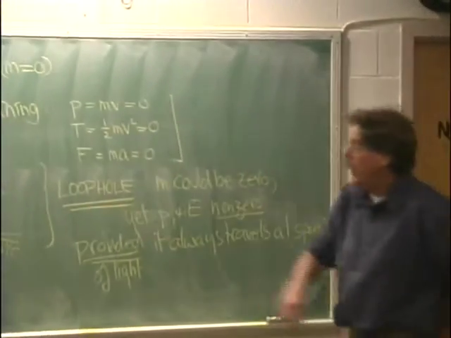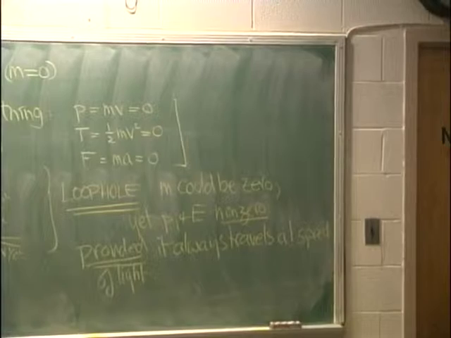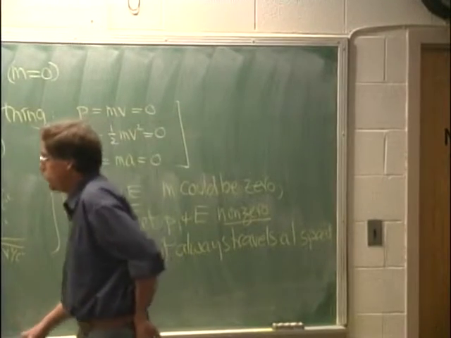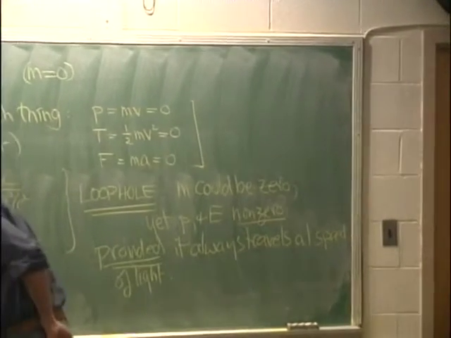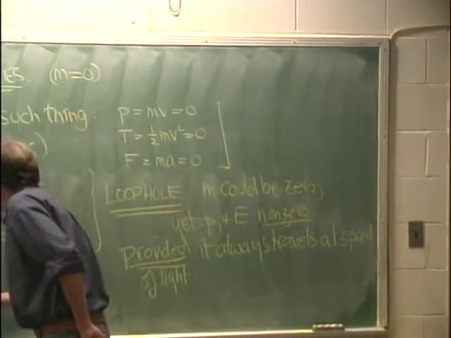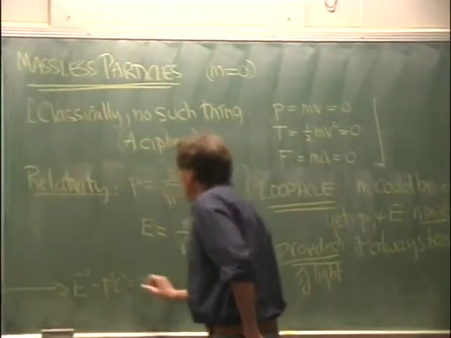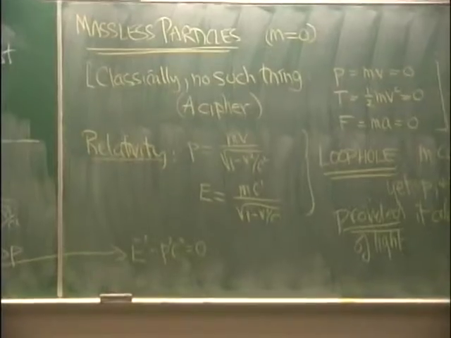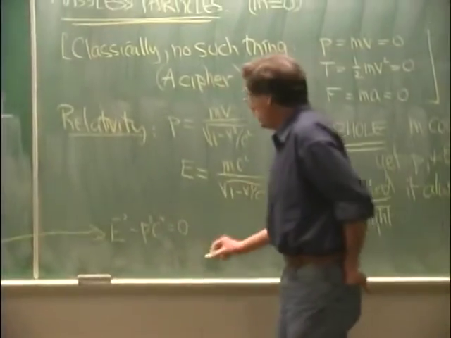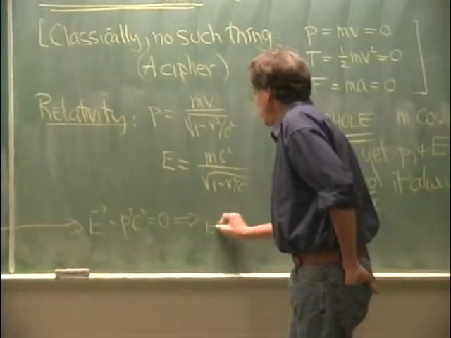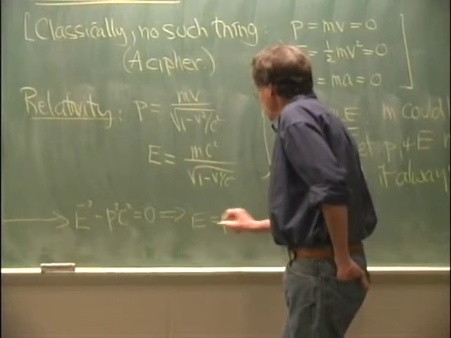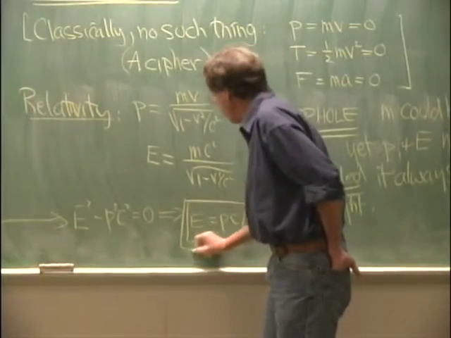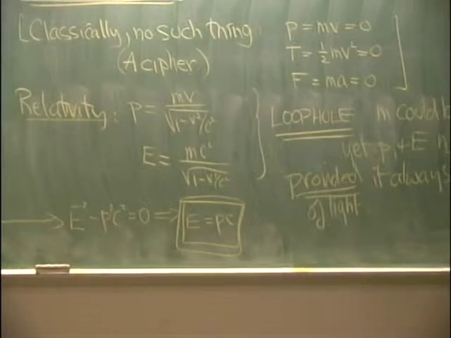I could put in m equals 0 and get a perfectly sensible result, namely E squared minus p squared c squared equals 0. If I solve for E, this just says that E is equal to the magnitude of the momentum times c.